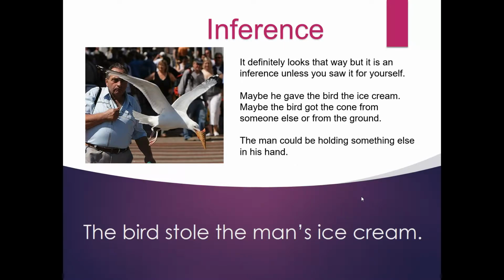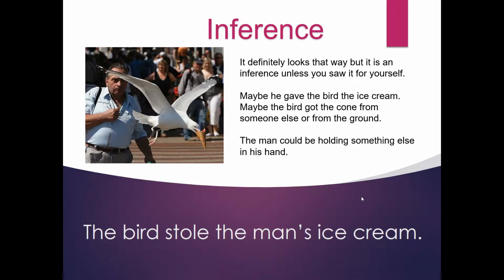It looks like, based on the way his hand is put on his chest, he was holding something that got snatched, and how he's looking at that bird like it stole something from him. We can't prove that that bird stole his ice cream. We don't even know if he bought the ice cream.